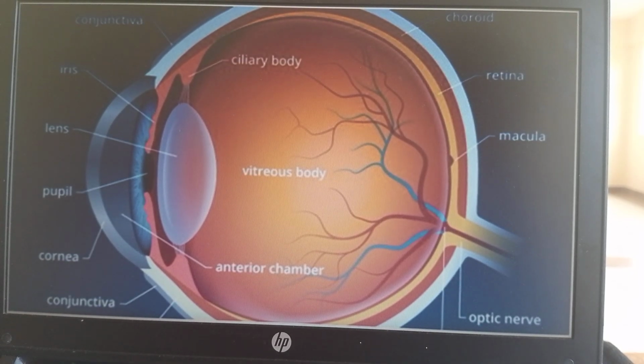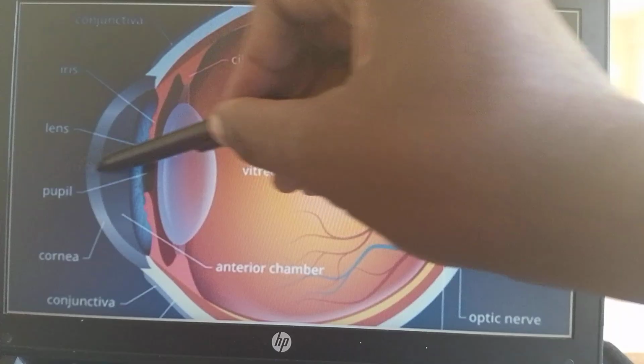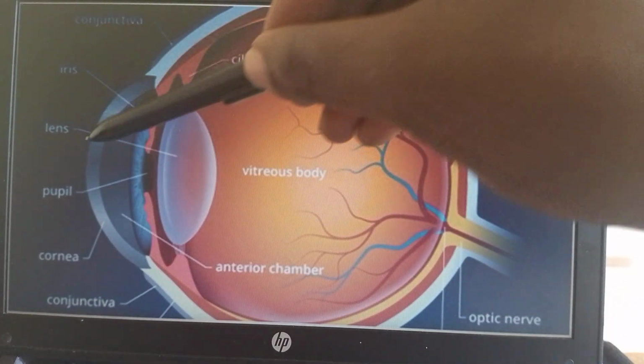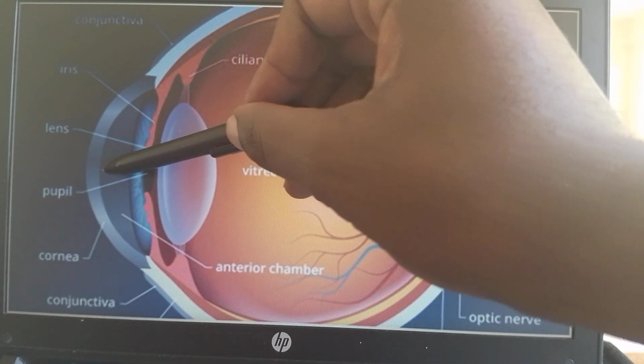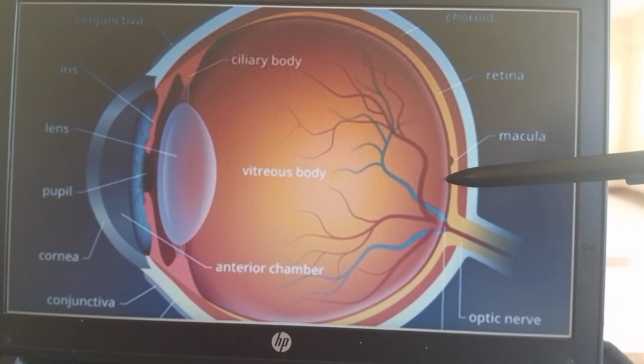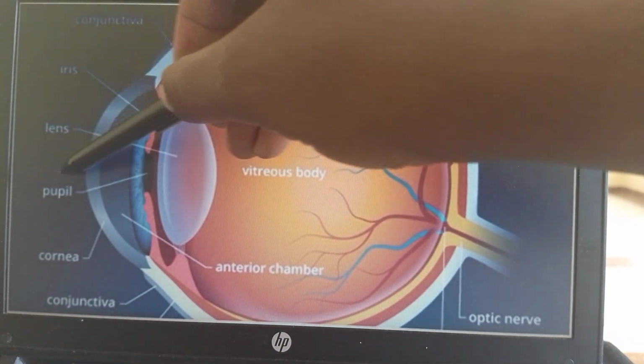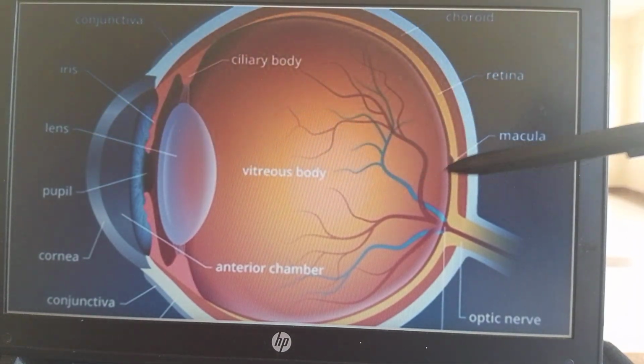They have one common characteristic, and that is transparency. All these structures from this point to this point are transparent. The reason being, they must allow light to pass through up to this point for you to be able to see.